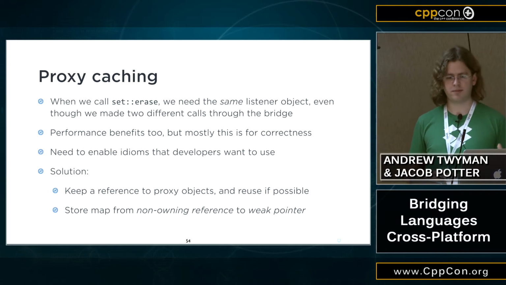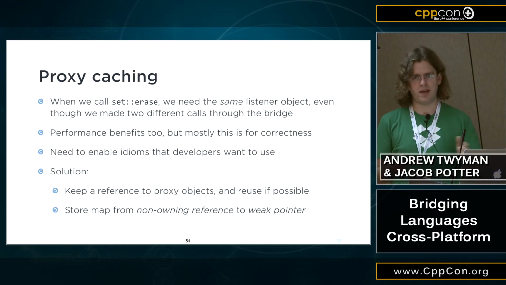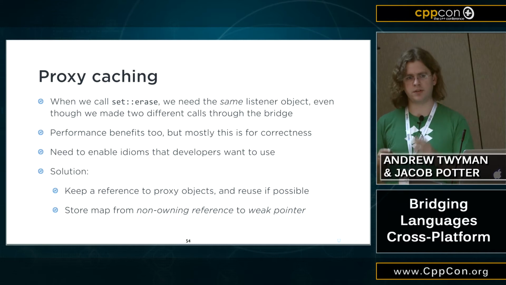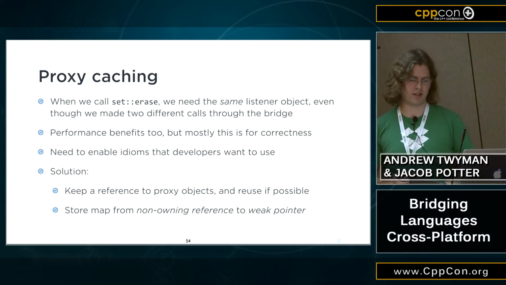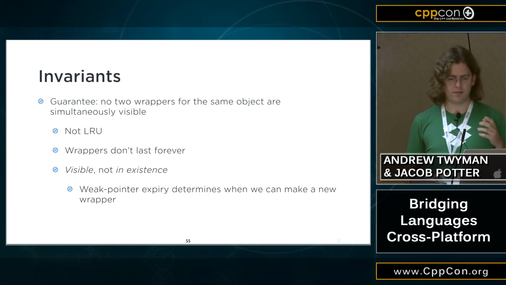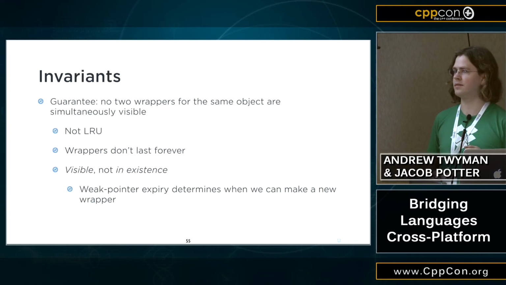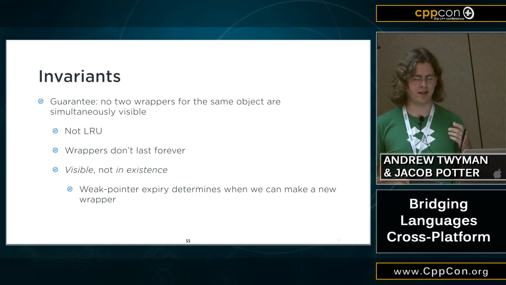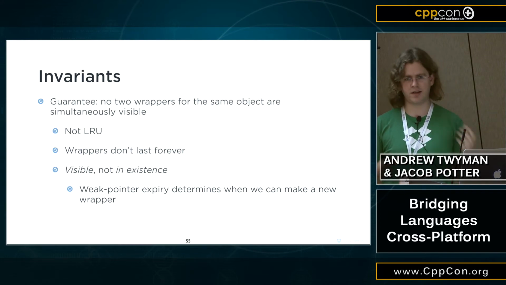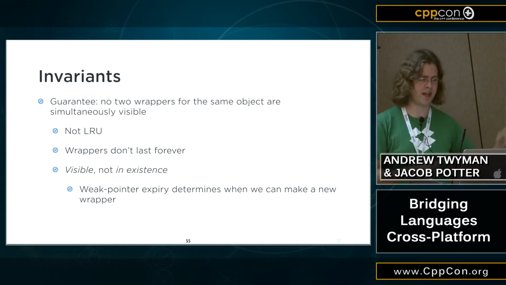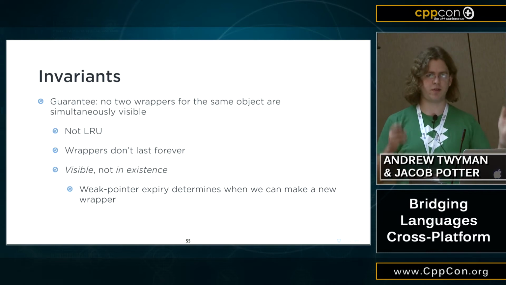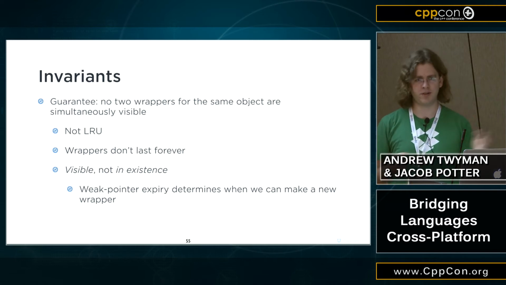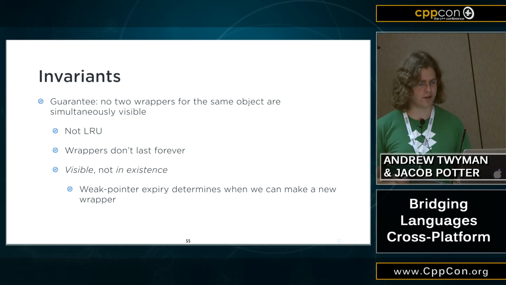So we store a map, it's an unordered map, from a non-owning reference to the original object to a weak pointer to the proxy object. Now, I use the word cache, so I want to be careful about what guarantees I'm providing here. This is not an LRU type, evict them when we can. The wrappers don't last forever, right? If we generate a bunch of temporary objects, create wrappers, then don't need them anymore, we don't want those to hang around forever, which is why we're using weak pointers.